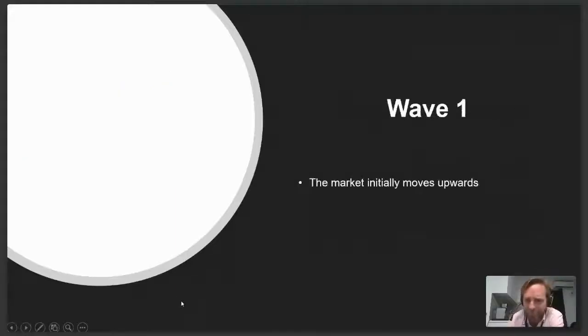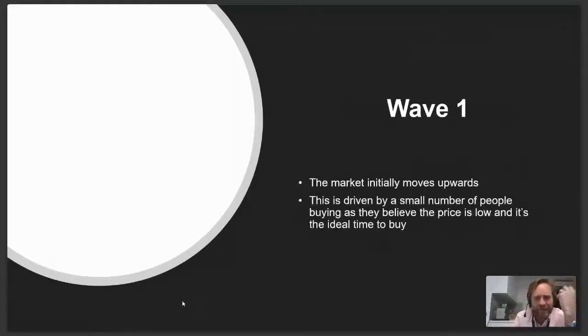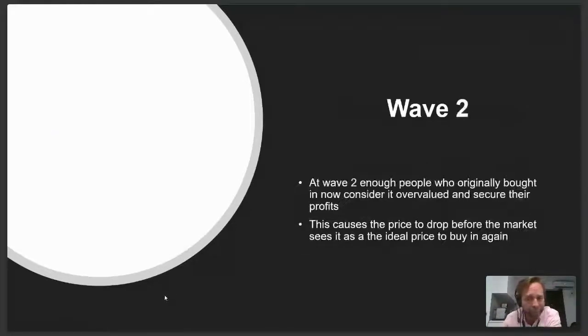Now wave 1, this is where the market initially moves upwards. This is driven by a small number of people who are buying into an asset. They believe the price is low and it's a good time to buy in. Obviously, when you've got people beginning to buy something, it causes the price of the asset to rise. That's wave 1.